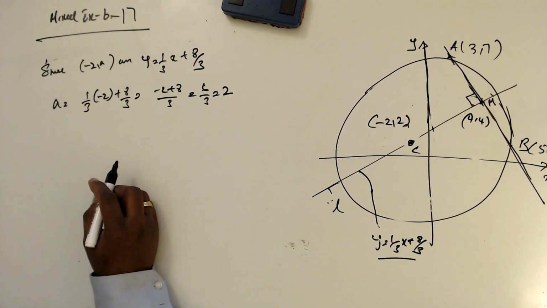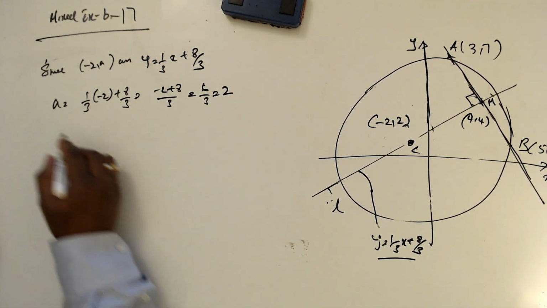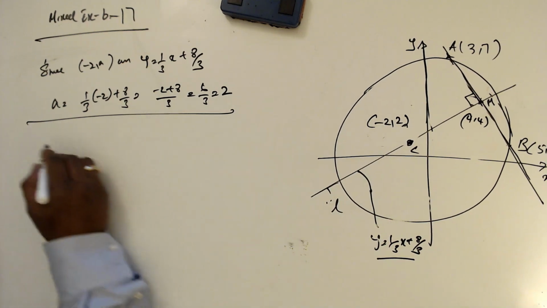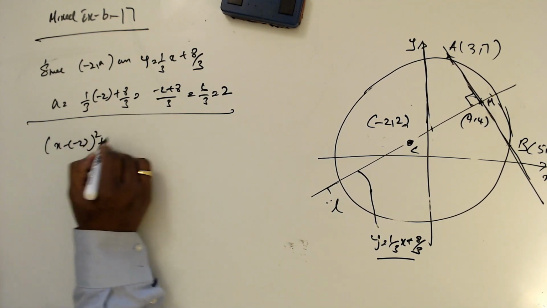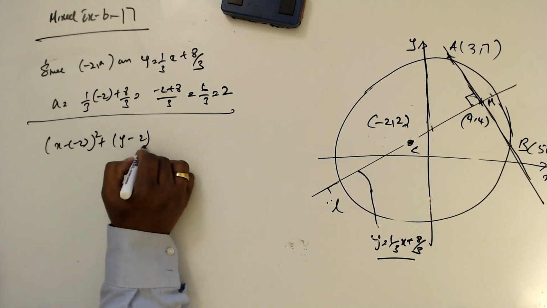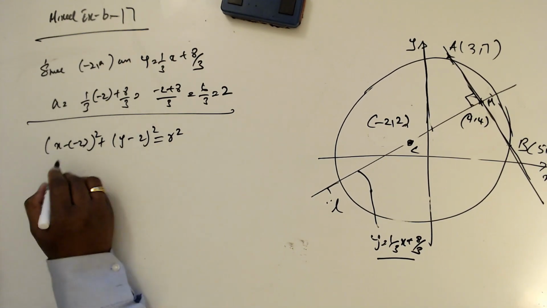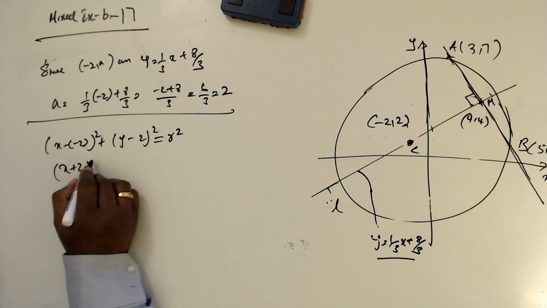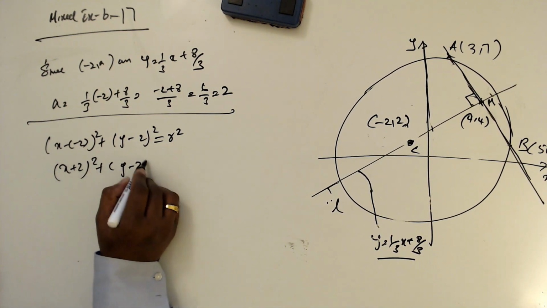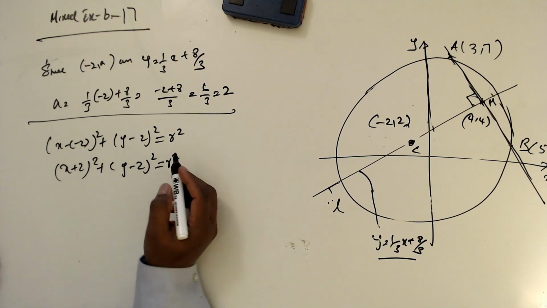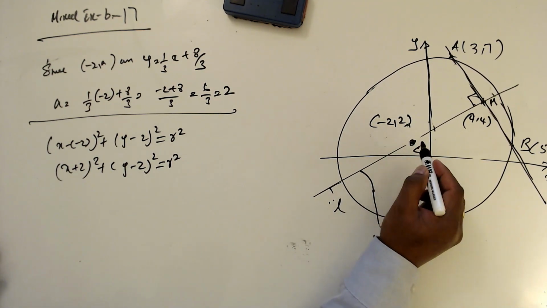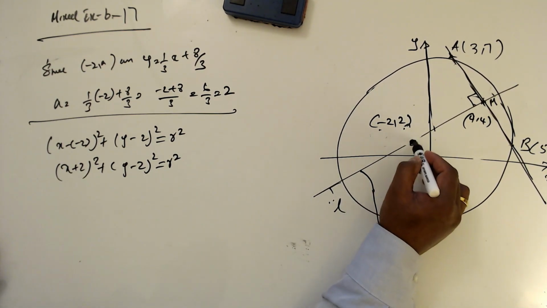And find the equation of the circle. So I know the center now. (x minus minus 2) squared plus (y minus 2) squared equal r squared. (x plus 2) squared plus (y minus 2) squared equal r squared. Now I need to find the radius. I know one point here, minus 2, 2, this is the center.